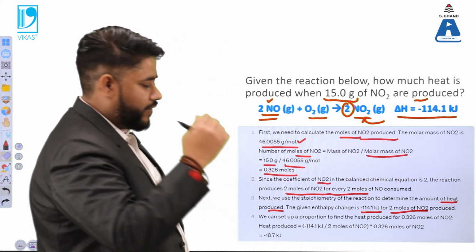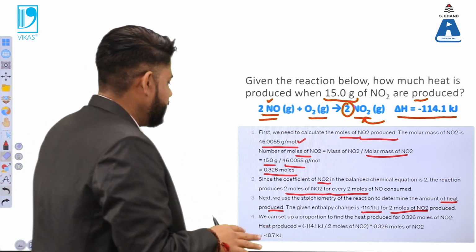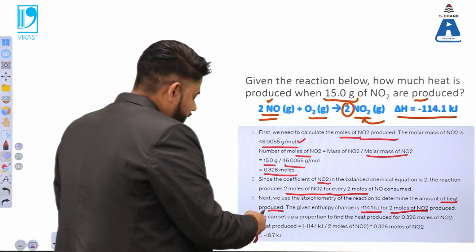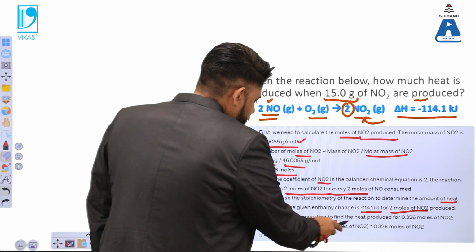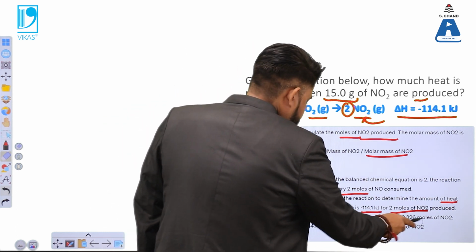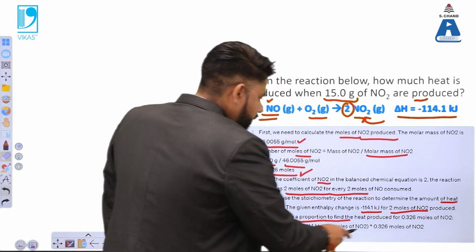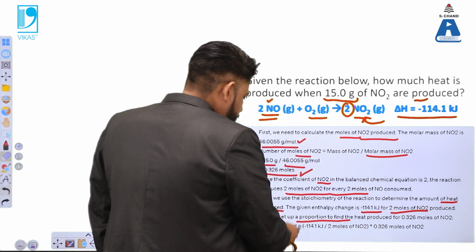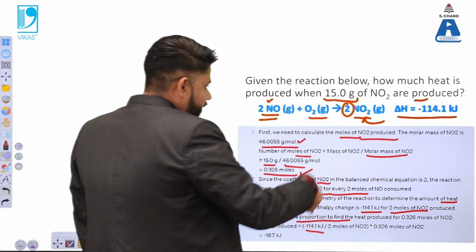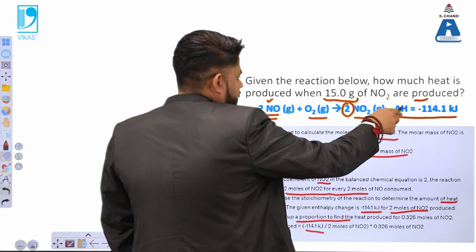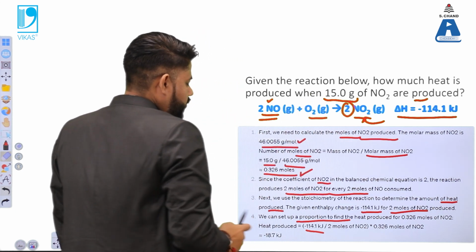Now we have to find out the proportion of the heat. So we can set up a proportion with 0.326 moles of NO2 produced. We will divide by 2, because this value is given for the 2 moles case.